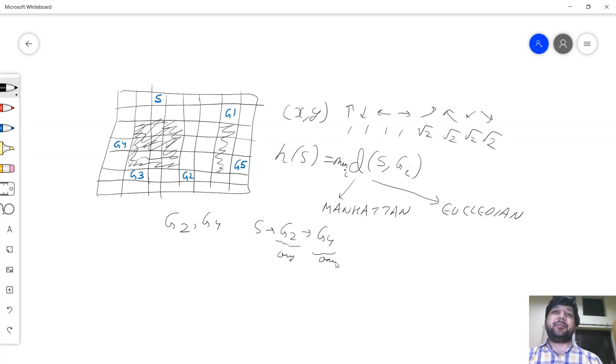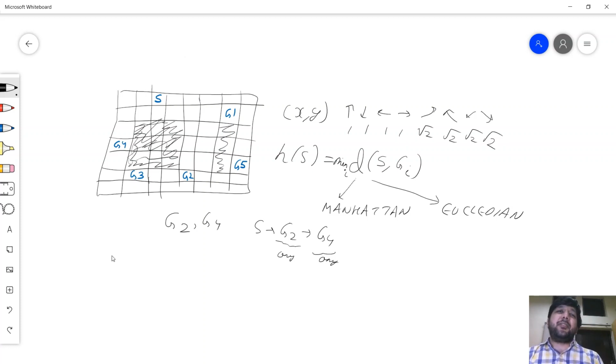And this again could be any. Now you see that my decision making is also affected by which goals I have achieved in the past. If I have not achieved any goal, then I need to go to 2 goals. If on the other hand, I have achieved at least 1 goal, then I just need to go to 1 goal.